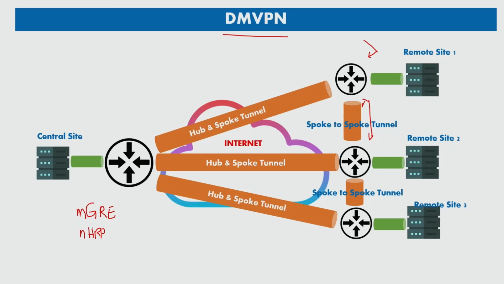Each spoke's outer and tunnel IP addresses are stored in an NHRP database maintained by the hub, right here. When a spoke boots, it registers its public and internal tunnel addresses. And when building direct spoke-to-spoke tunnels, it queries the NHRP database for the addresses of other spokes.